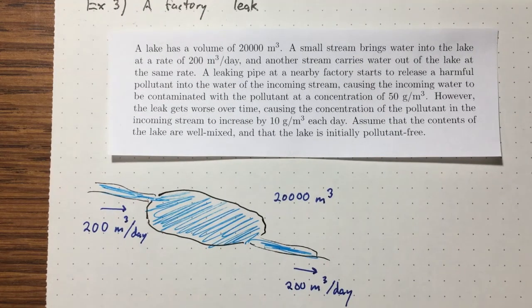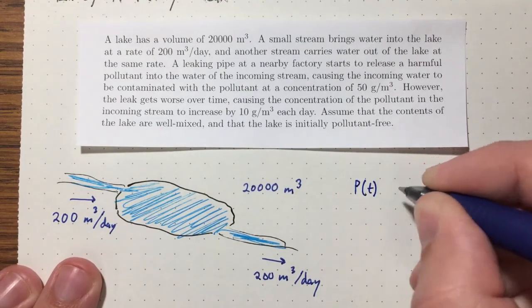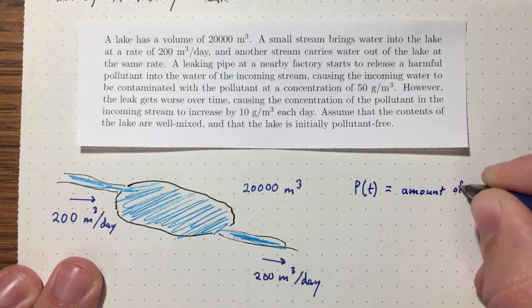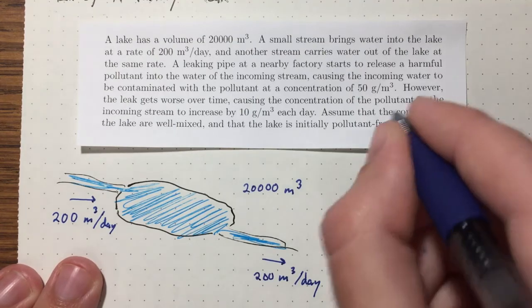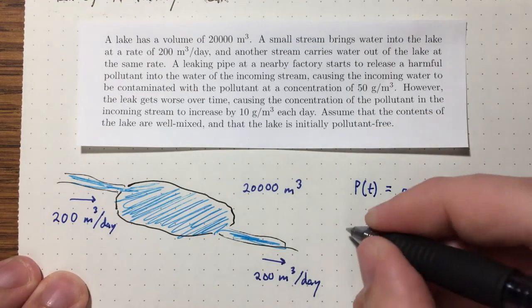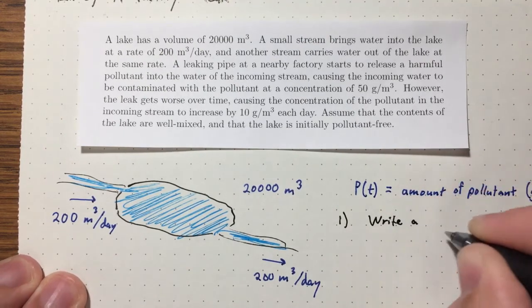So a couple things I want you to try. You're going to want to define a function for the amount of pollutant. And this will probably be in grams because that's what we're given. And so first step is I want you to write a differential equation.